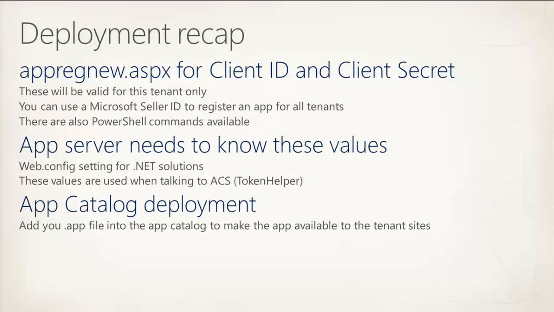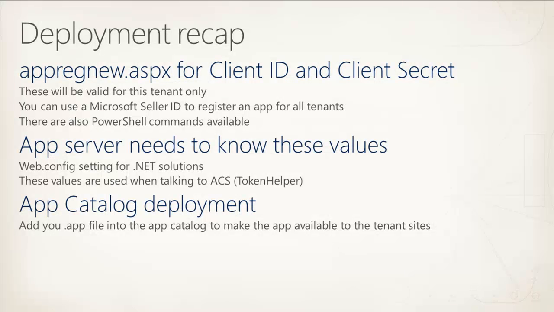We didn't get to do deployment, but I do want to point something out about deployment. When you deploy an app, you need two things. When you're working with Access Control Services, you need an app ID and an app secret.